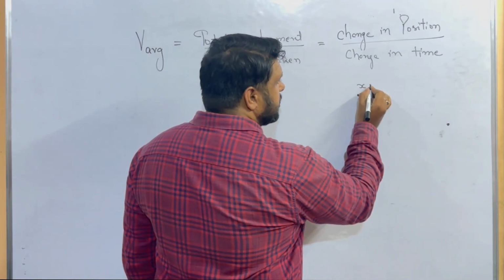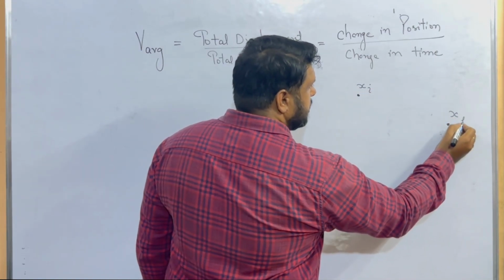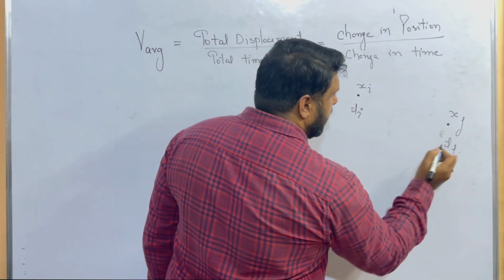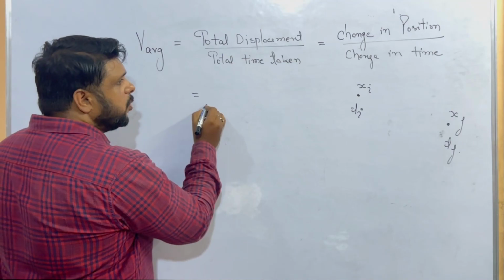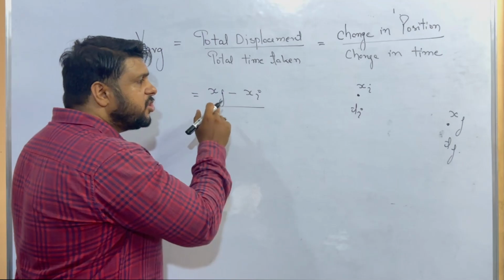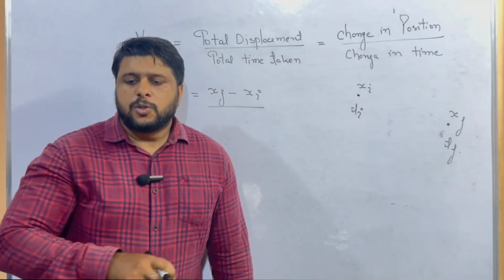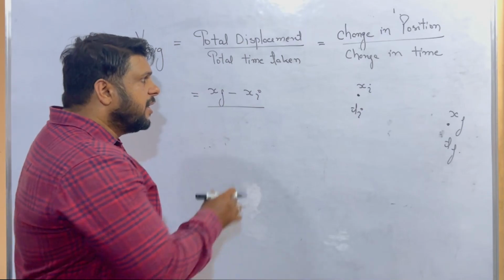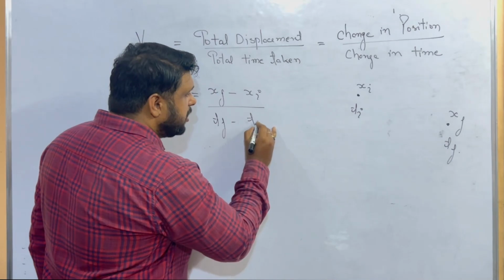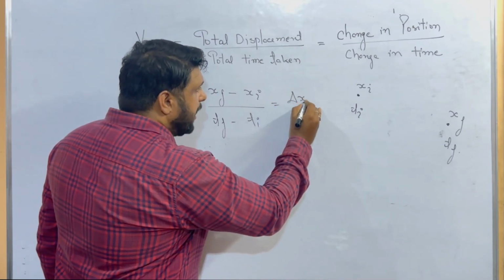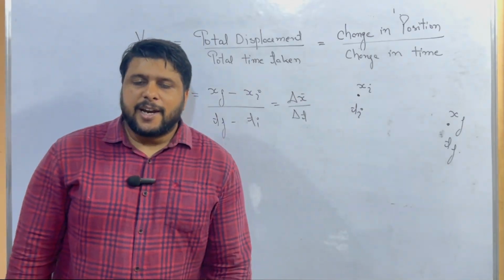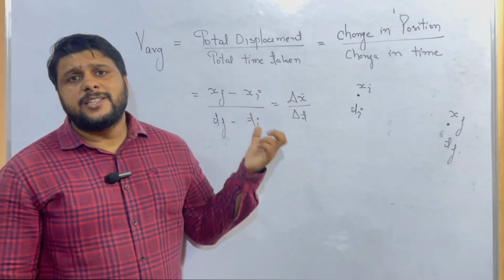This is its x initial position and this is its x final position, and this is its initial time and this is its final time. So change in position is xf minus xi, final position minus initial position, divided by final time minus initial time, tf minus ti. So it is equal to del x by del t. Do you guys remember this? Okay, it is a displacement.